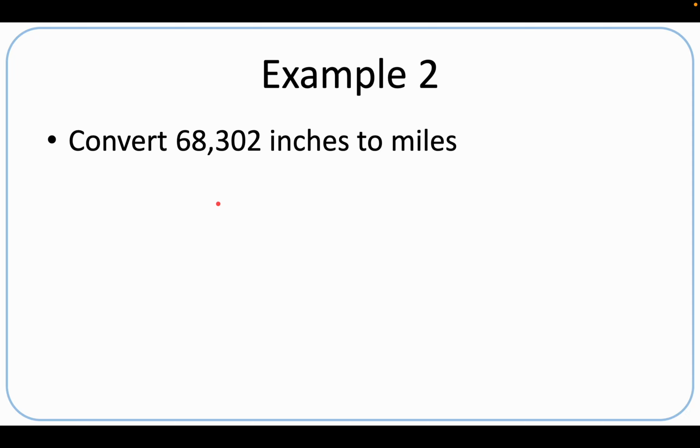All right, second example, convert 68,302 inches to miles. So again, we're going to need two conversions here. First, converting our inches to feet, and then converting the feet to miles. So I'm going to take those inches, and our conversion, 12 inches is equal to 1 foot.